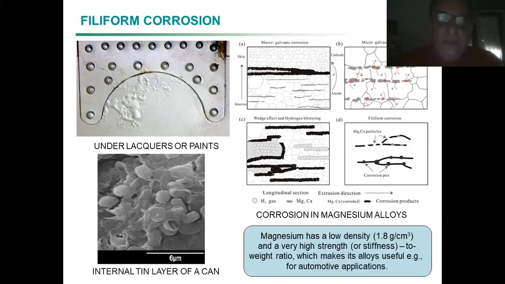Filiform corrosion, as I was saying, these are the examples of corrosion. You have the thin layer of a can. Of course, another possibility is that you have filiform corrosion with paint or lacquer, because you may have some conductive paint.